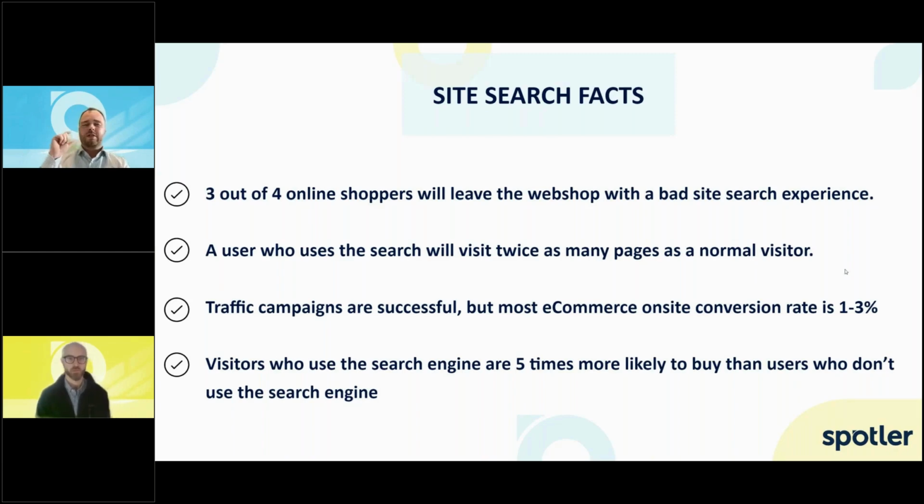But if you look at the specific conversion rate of clients who are using your search, which is normally a small percentage, around 10 to 15%, they can make up for 50% of your revenue, and they have a much higher conversion since they're likely to buy up to 5 times more compared to clients who don't use a search engine. So the conversion of these clients can easily get near 10%.